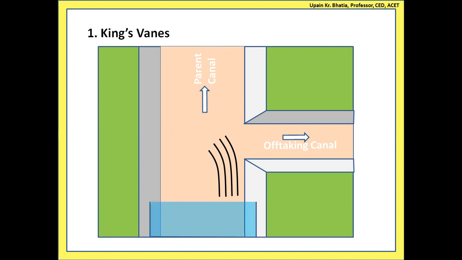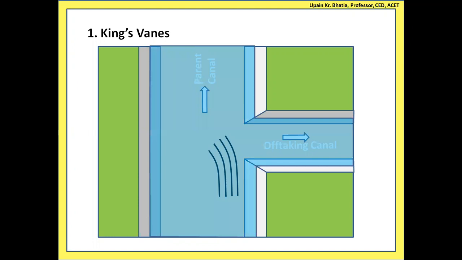So what happens is, when we allow flow into this canal network, it flows into this parent canal and is also diverted into this off-taking channel.